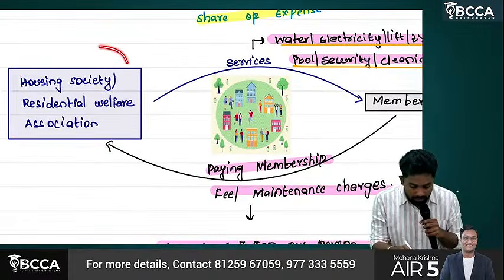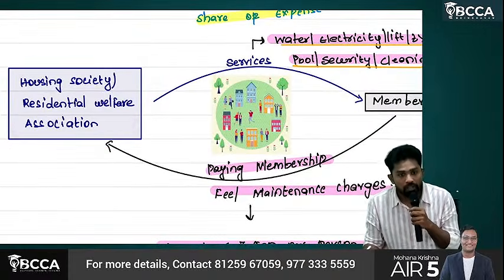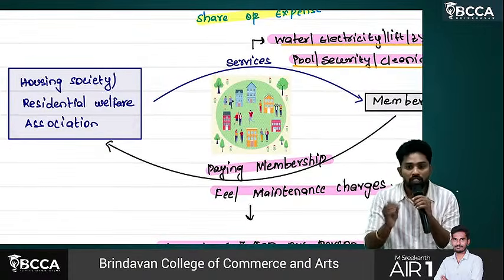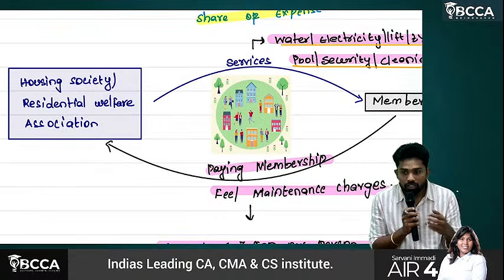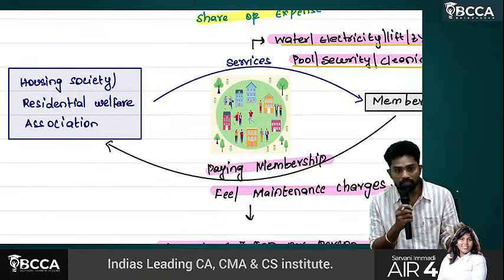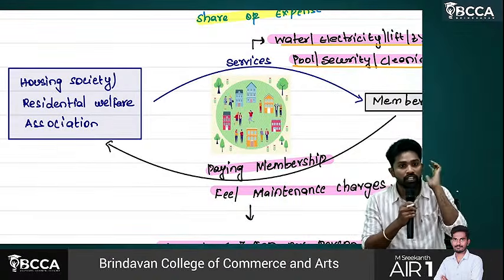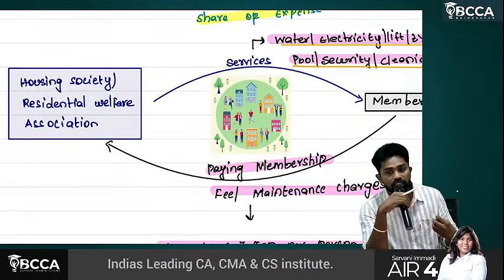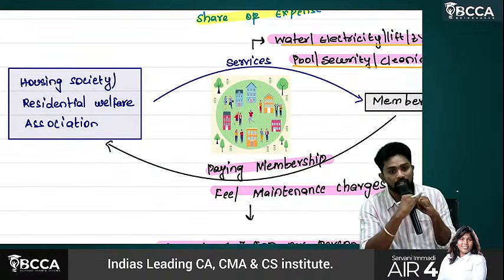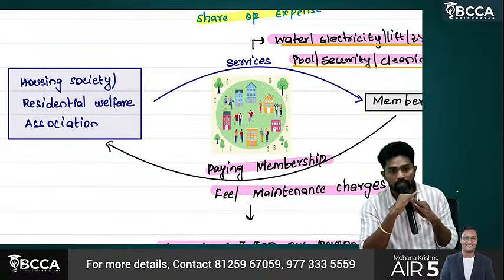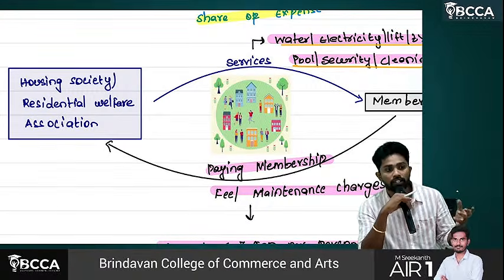Sir, in all the gated communities, these things will happen. For these apartments, there will be an association. Now this association will collect maintenance charges or membership charges every month. With the charges collected, the association will provide power backup and water supply. If water is not available, they'll bring tankers.